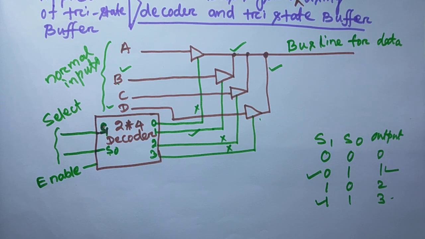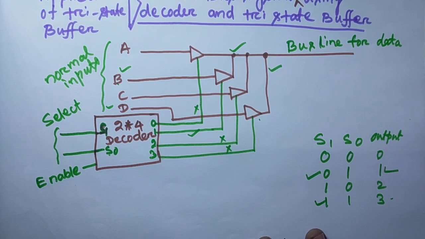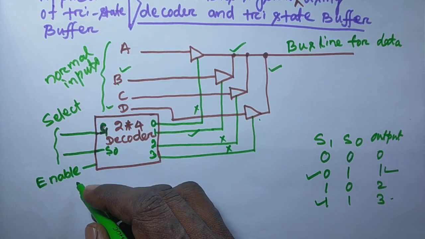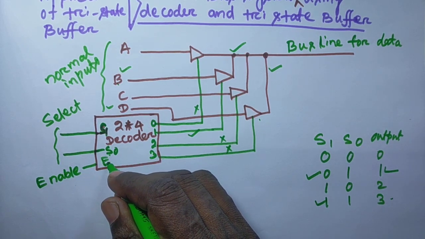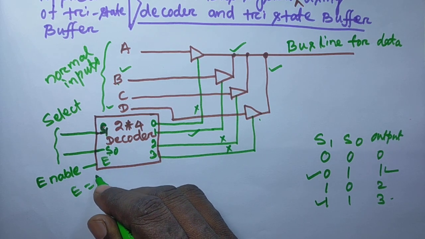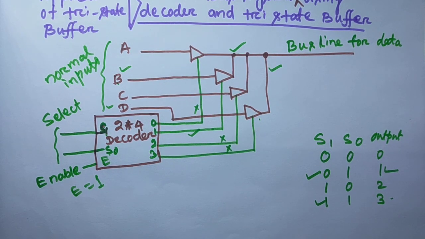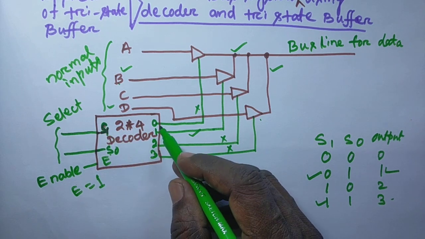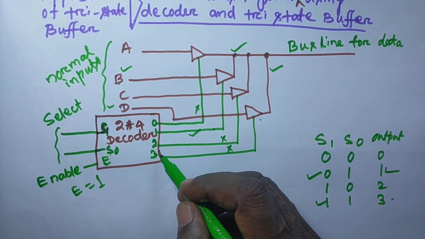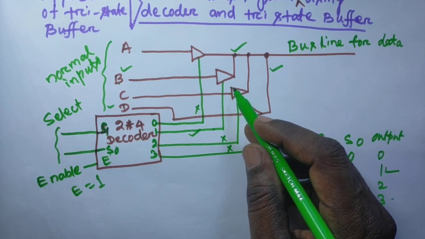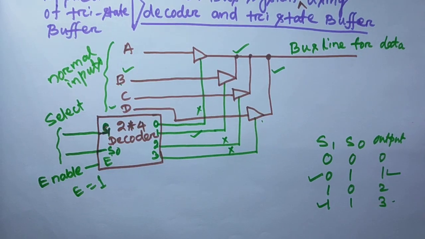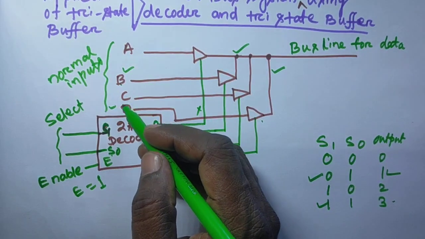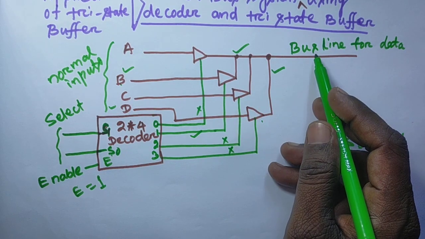If these inputs are considered, then what happens is, whenever enable E is equal to 1, be careful, whenever E is equal to 1, then we can choose S0, S1 data. According to that, we can choose either 0, 1, 2, 3. Based on that, we choose which buffer. After that, it will receive the corresponding input, and that input is passed to this bus line.